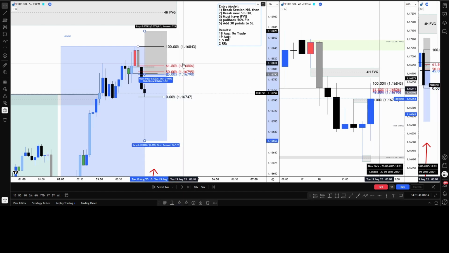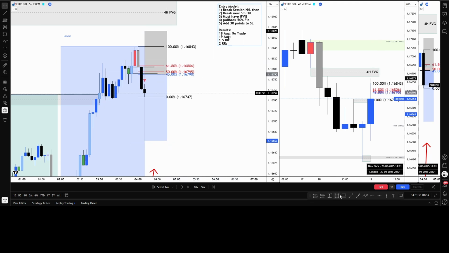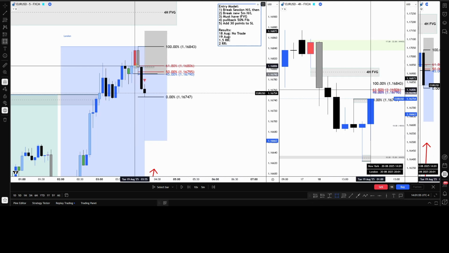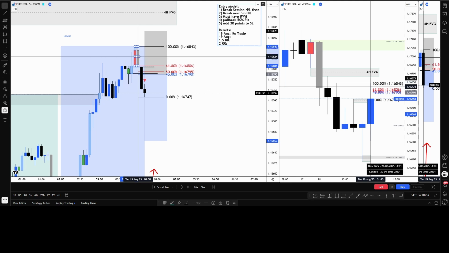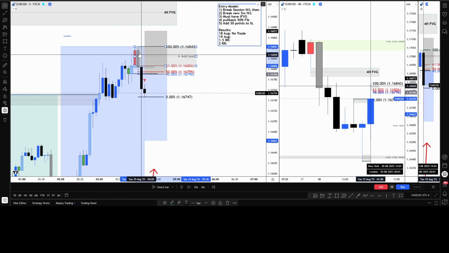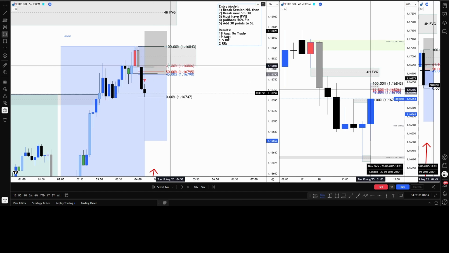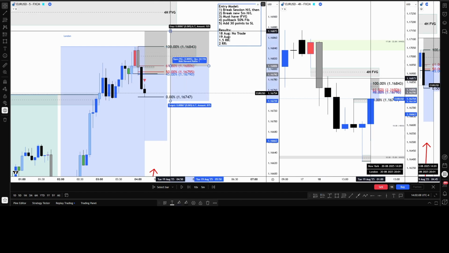What I've been trying to do recently is just take a trade off the order block closest to the stop loss. So that trade would have run from the 61.8 level. Okay, that's fine.